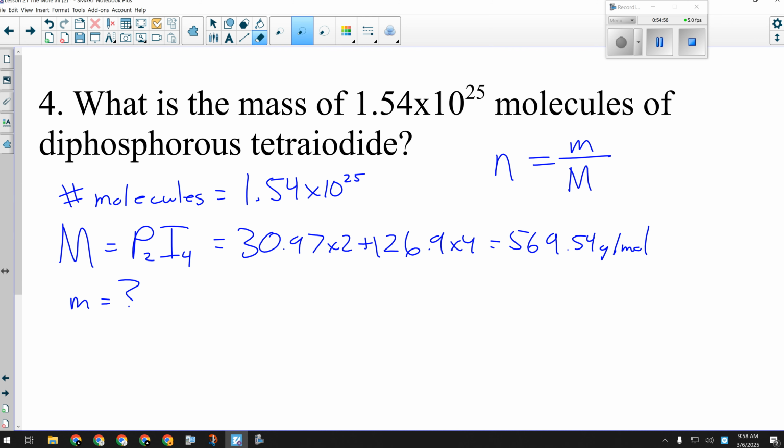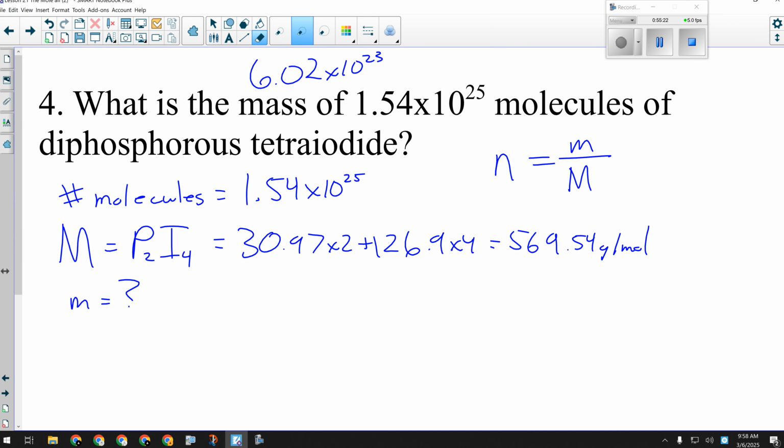I don't have that right now. What I have is the number of molecules and Avogadro's number. Did I mention you don't have to memorize that number? It's on your formula sheet. If you flip over your periodic table, Avogadro's number is on the back of that. You always have it.